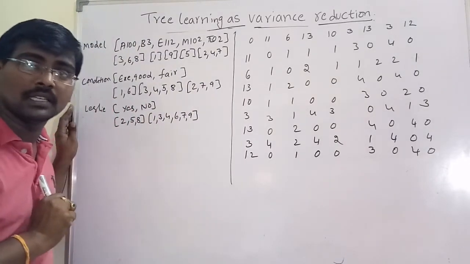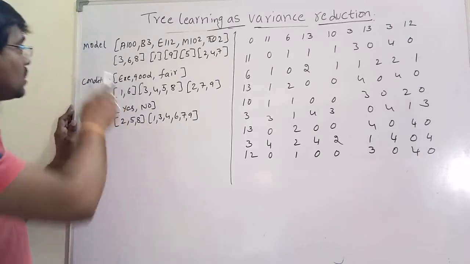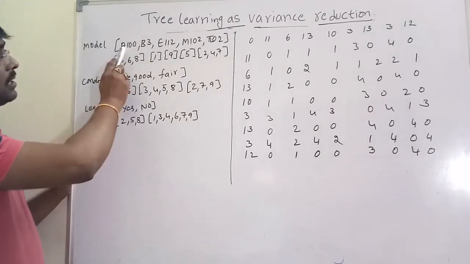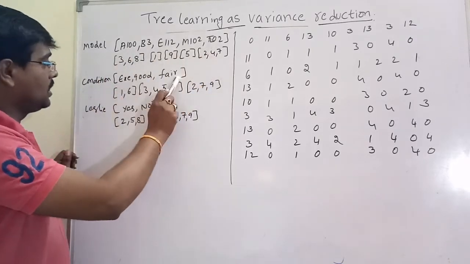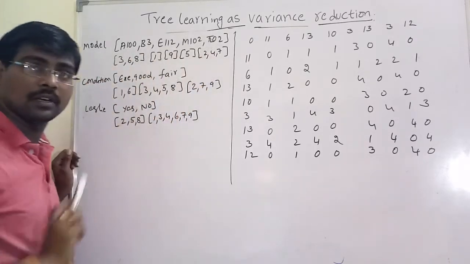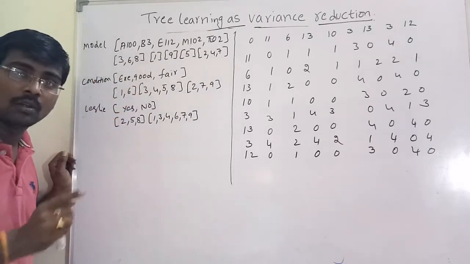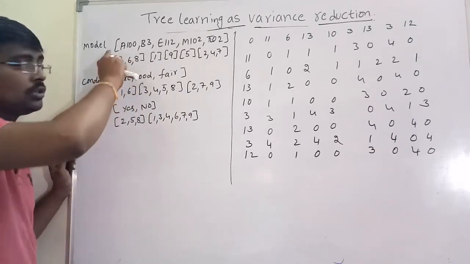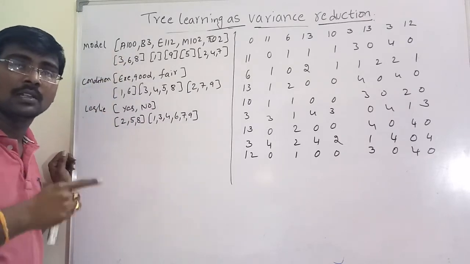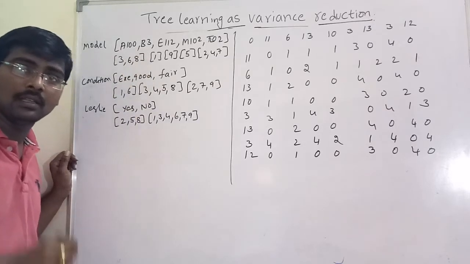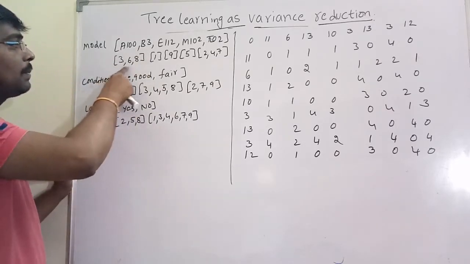In the previous example, that is in regression trees, we had three features: model, condition and leslie. There are different models and different conditions. Suppose A100, if you know the topic, contains 3 values, that is 3 branches. In the regression tree, I wrote the prices.